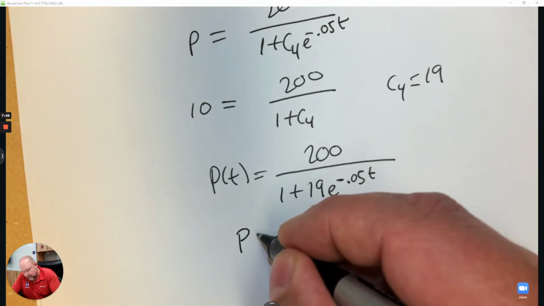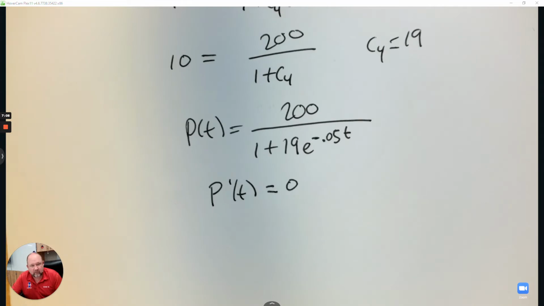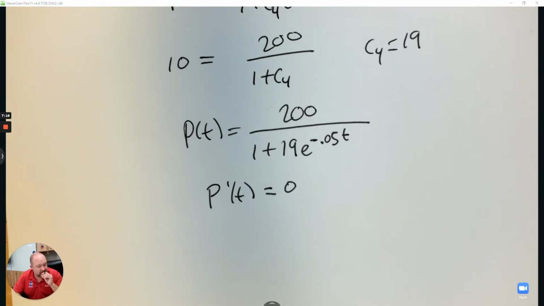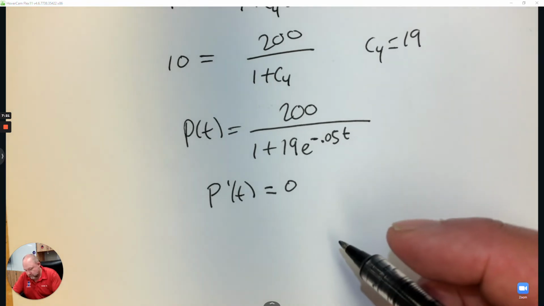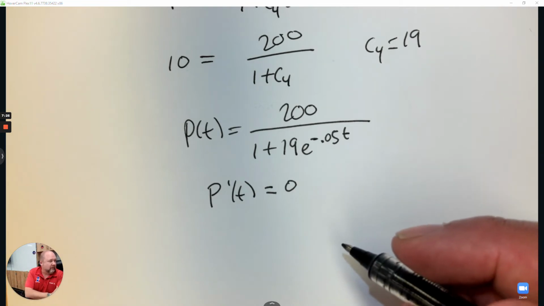So the population is growing the fastest when the derivative is equal to 0. So I'm going to use my calculator. Take the derivative equal to 0. Make sure I'm doing it right.